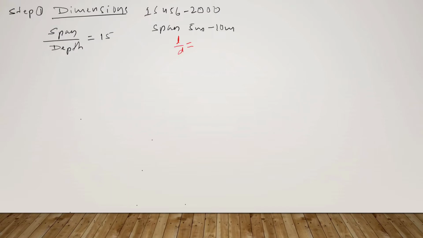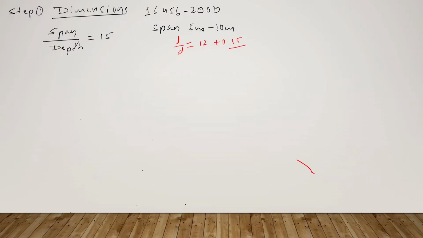Dimensions. So from span to depth ratio, span by depth is equal to 15. Okay, as per IS 456 2000, for a span more than 5 meter to 10 meter, the span to depth ratio is 12 to 15.